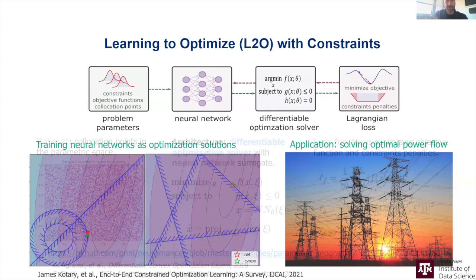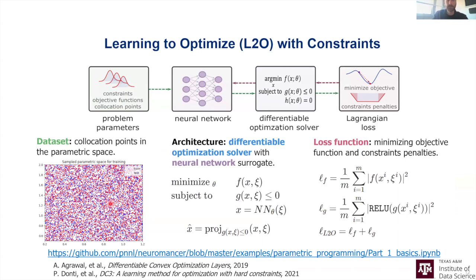So how it is being done technically is very similar to PINNs. We are typically sampling the parametric space of the optimization problem. And in this case, I have some 2-dimensional parametric space. And those parameters are represented by this vector xi. And I want to find the mapping of the xi to decision variables x with the neural network. So that would be this expression that satisfies some given constraints and some given parametric objective.